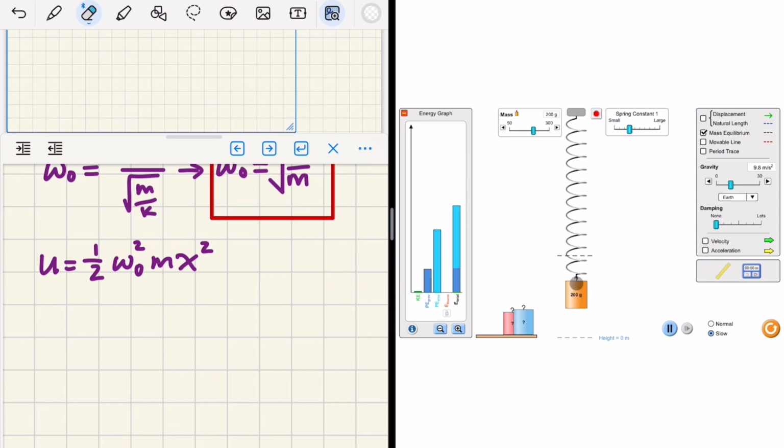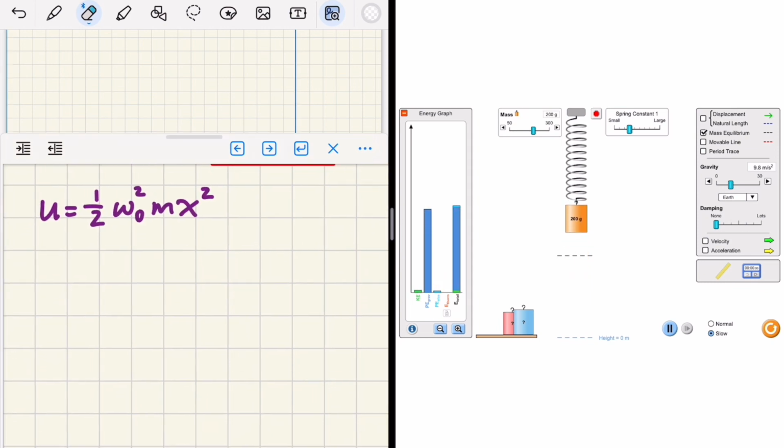Well, let's look at the motion of this mass on a spring. We get the maximum potential energy when we have the greatest displacement, right? When the spring is either stretched or compressed at its maximum. Again, the maximum potential energy happens when the displacement is at its maximum.